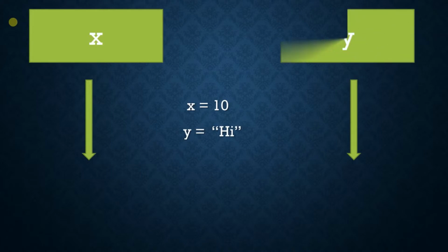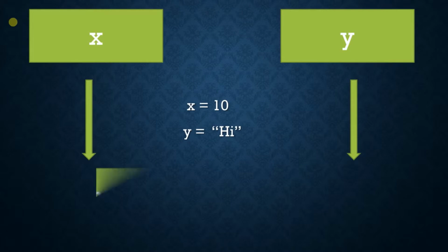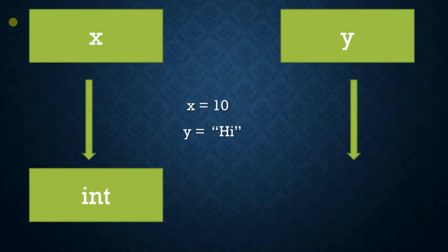X and Y are 2 variables, but these 2 variables are of different data types. Our X is an integer data type because it stores an integer. 10 is an integer. X stores the value of 10 in it. So X is an integer variable.